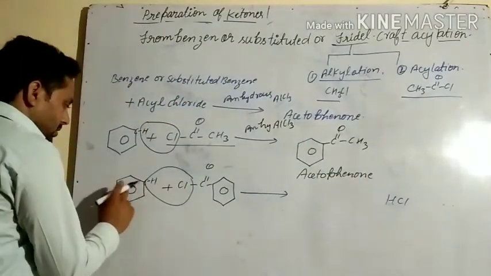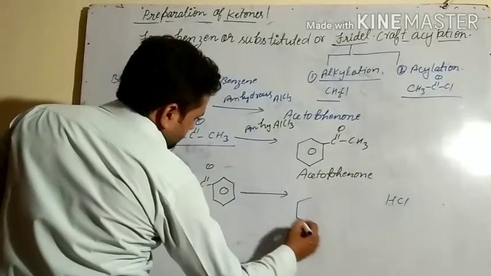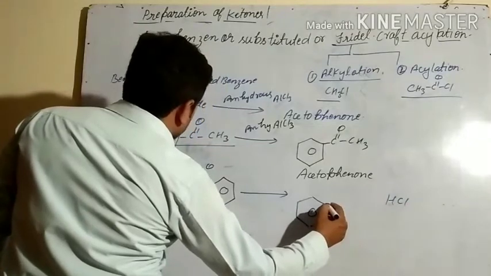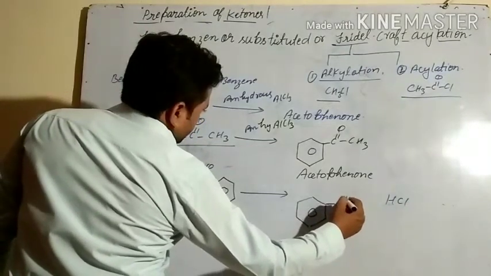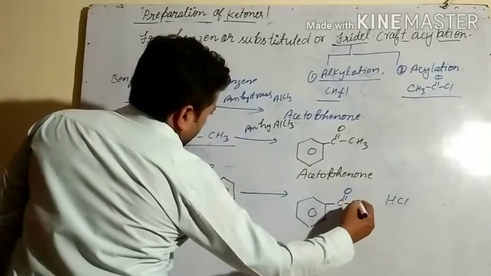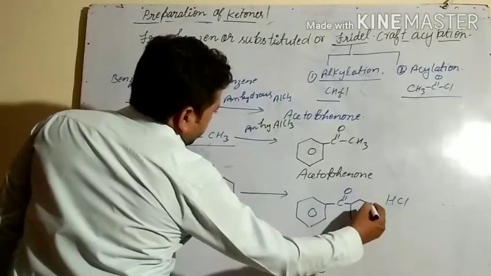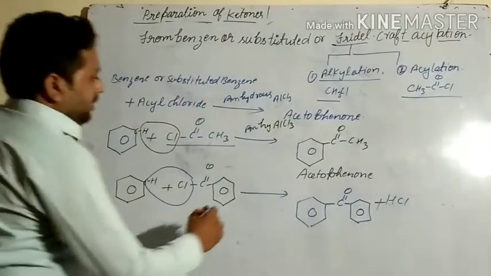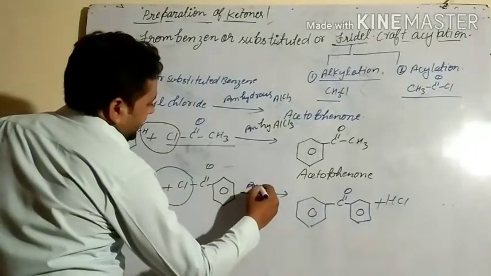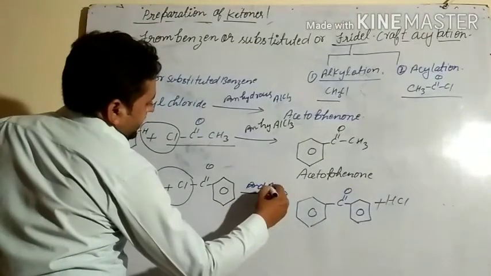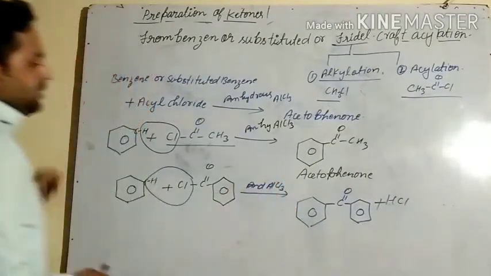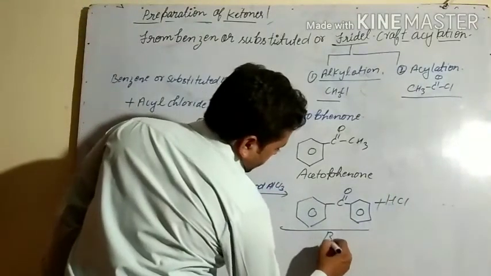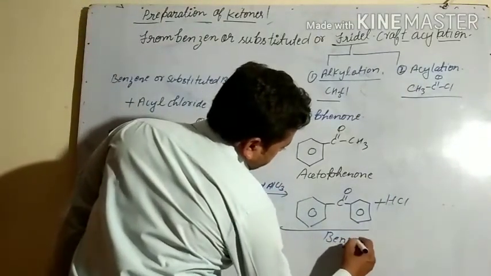This one is removed. So this ring here has a single bond to CO and again a single bond to the benzene ring. This much was remaining there. In presence of anhydrous AlCl3. So that is remaining. What is the name of this one? The name is benzophenone.